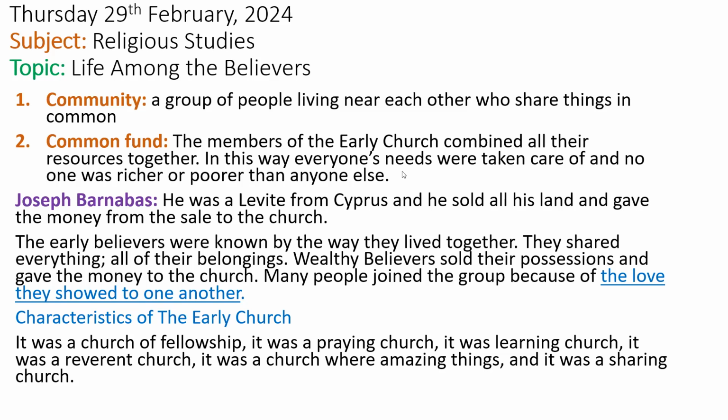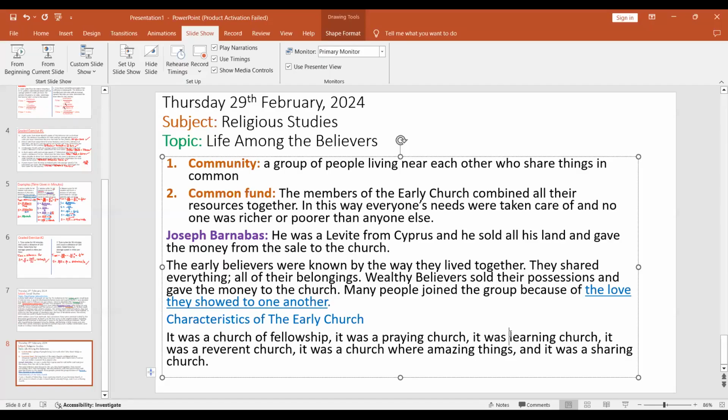So this study is describing what happened in the early church. And even though it may not be done broadly in your local church, it's supposed to say it was a learning church. Thank you, editor.